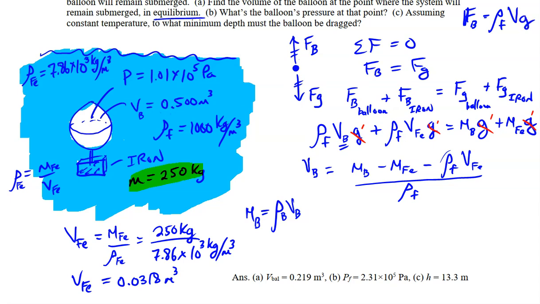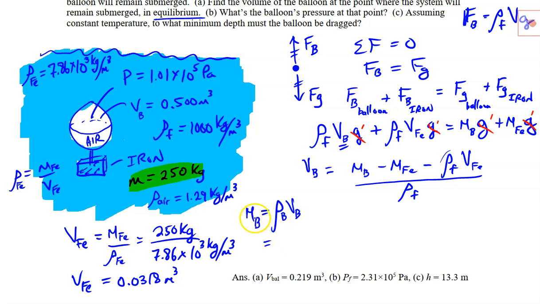I'm guessing we're neglecting the weight of the material, so when I say the mass of the balloon, I'm looking at the mass of the air that's inside of the balloon. So you need to look up the density of air, which turns out to be 1.29 kilograms per meter cubed.